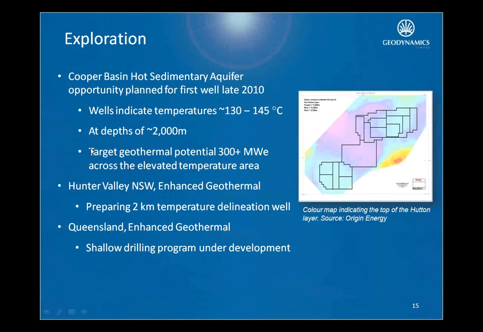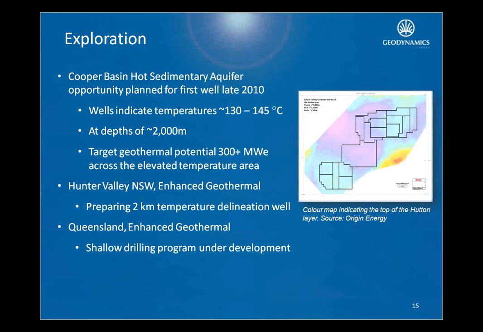In terms of other exploration, as I said, we are looking at hot sedimentary aquifer opportunities in the Cooper Basin, as well as our deep granites. Our first wells were scheduled for late 2010, but there was a fair amount of rain and flooding in the Cooper Basin over the last few months, and that's pushed that out.